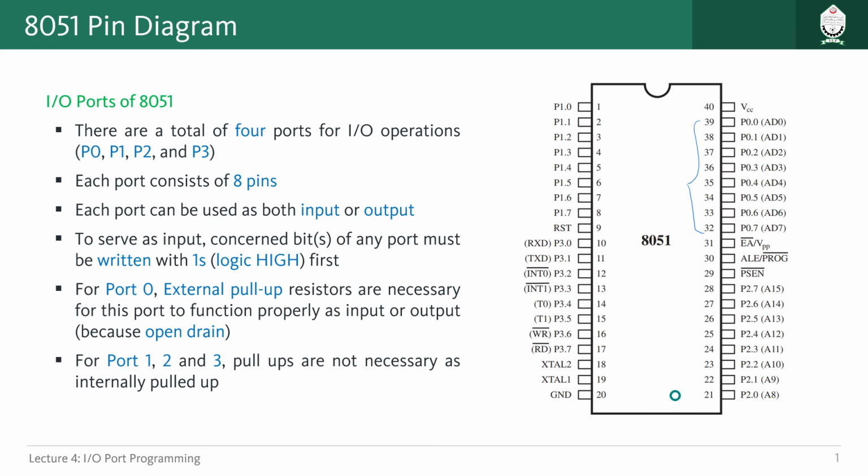But one of the things is, I think you have already learned this in your lab, that whenever we want to use any port as input, that is, we will try to get data from outside, from that pin or from that port, we have to first of all write a logic high to that pin or that port.